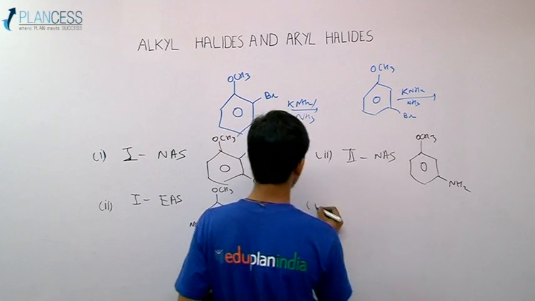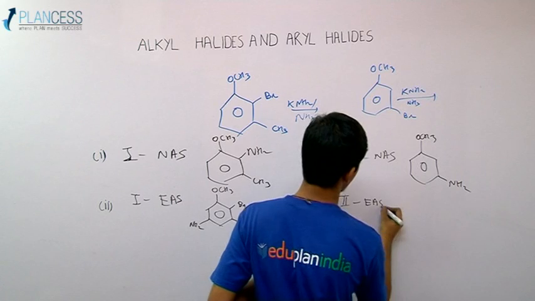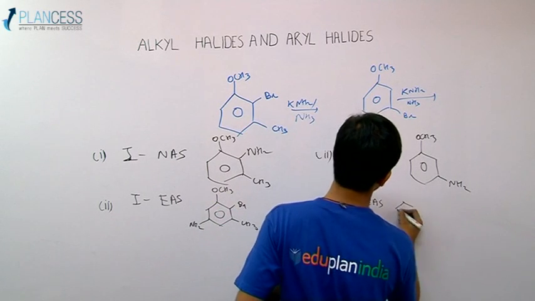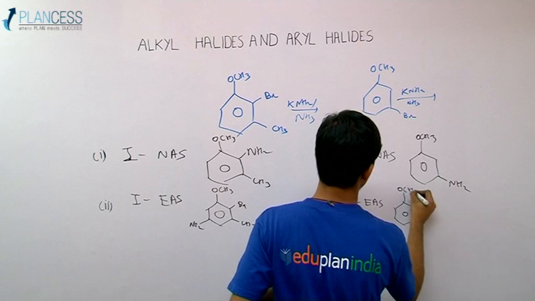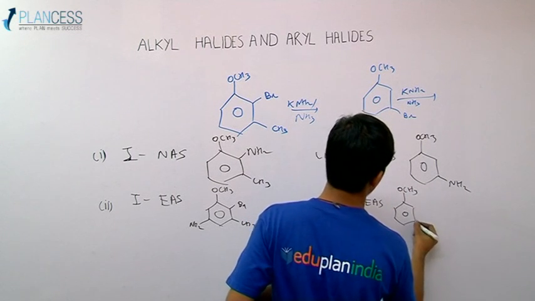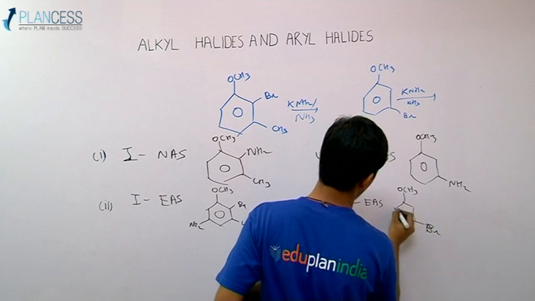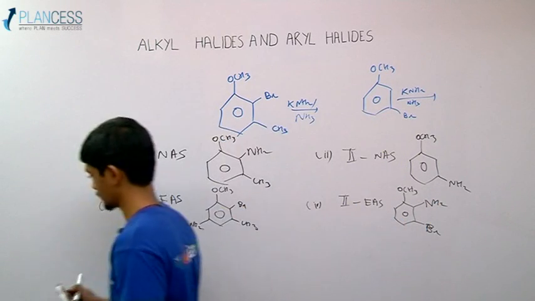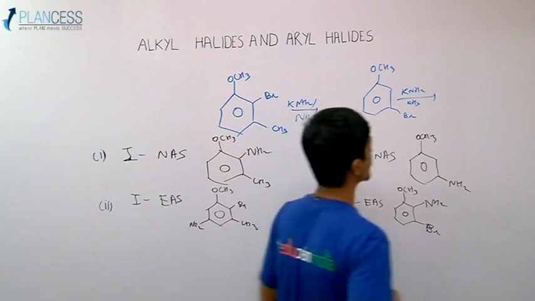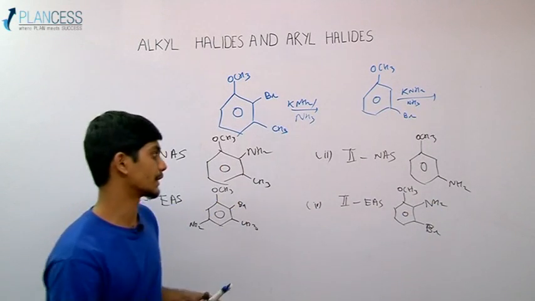And the fourth option is that the second compound gives electrophilic aromatic substitution and gives the following compound: OCH3, NH2, Br and NH2. So now you have got 4 options and 2 compounds. You have to tell which of the 4 options are right.